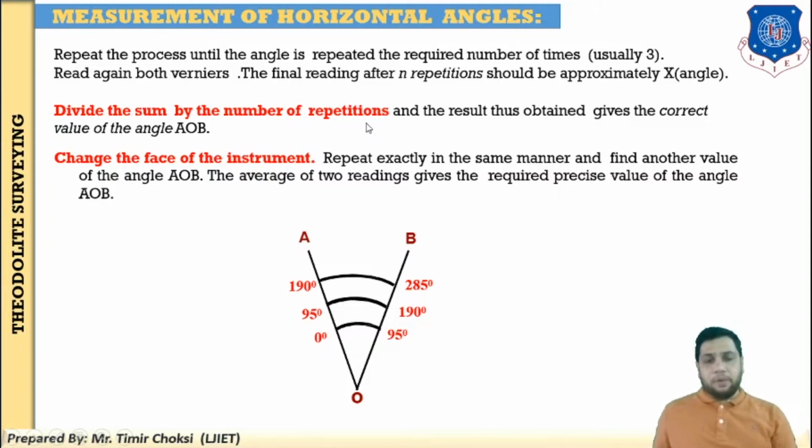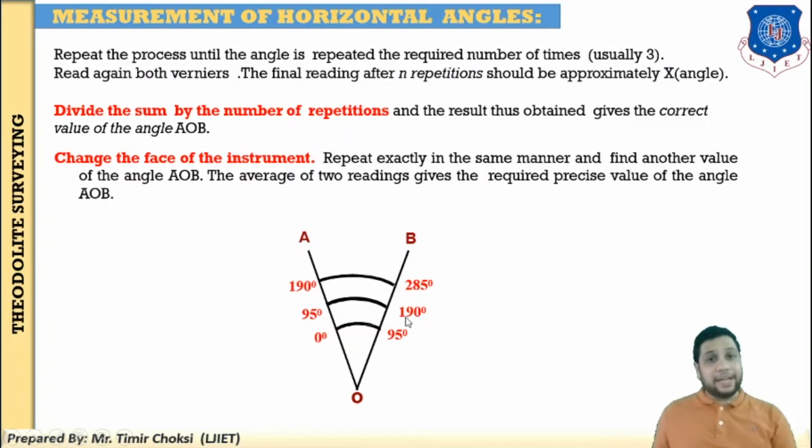Dividing the sum by the number of repetitions, 285 divided by 3, is equal to 95 degree. Thus we obtain the correct value of angle AOB. 285 is the angle found by the repetition of 3, so I divide it, 285 divided by 3.